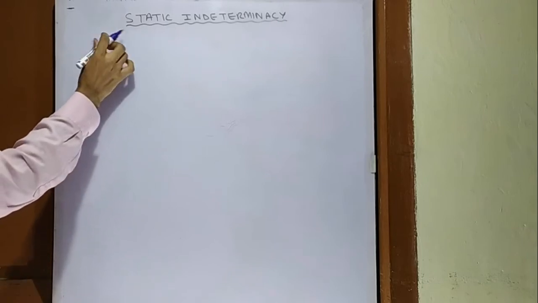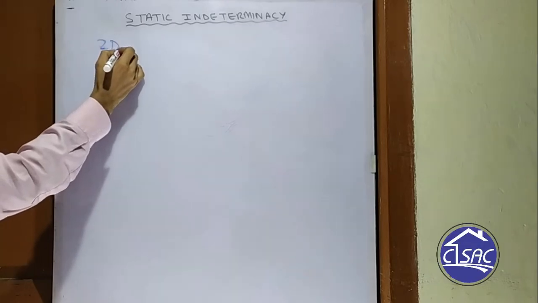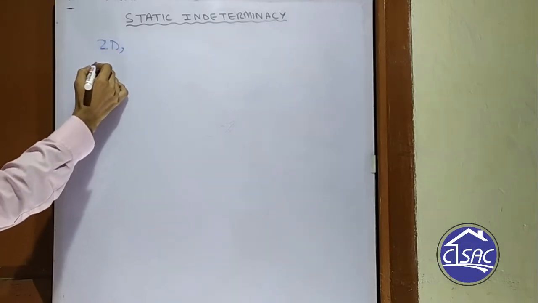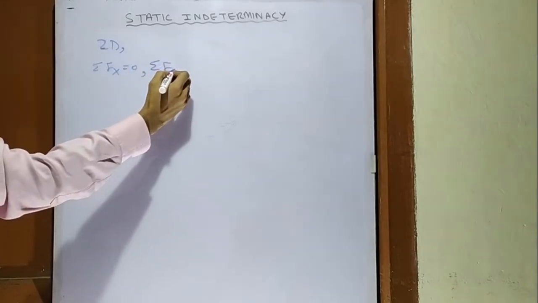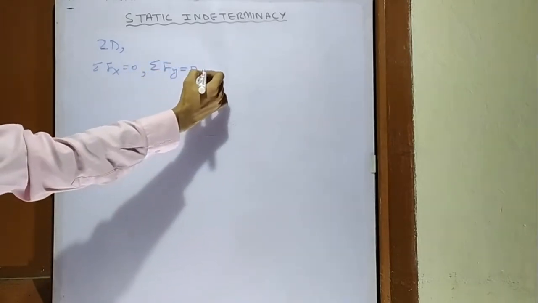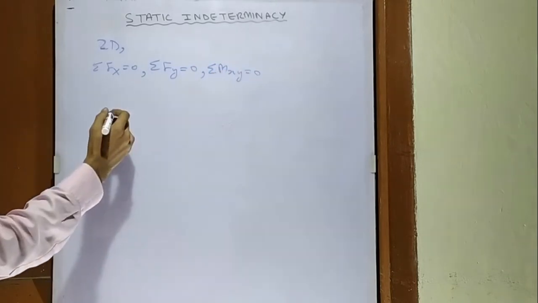Let's just write down so that we can review our basics. For a 2D structure we have sigma Fx is equal to 0, sigma Fy is equal to 0, and sigma Mxy is equal to 0.